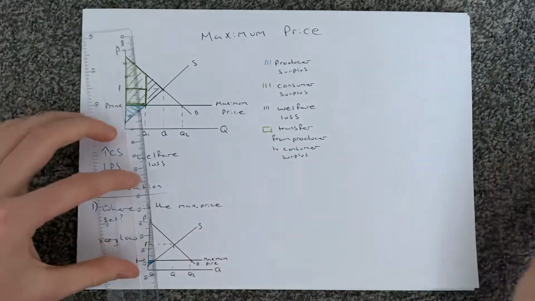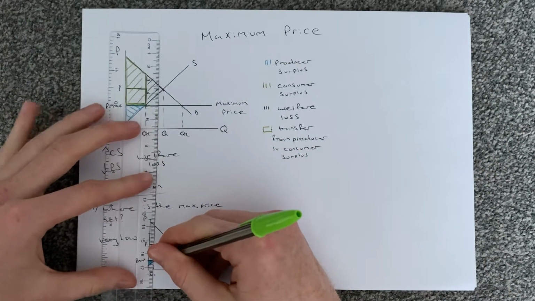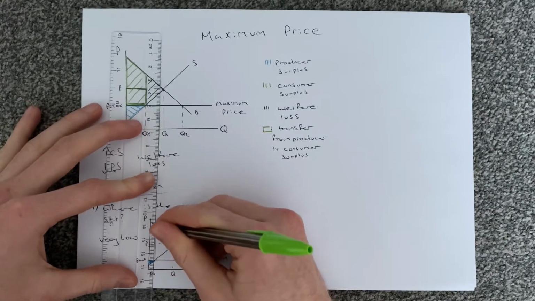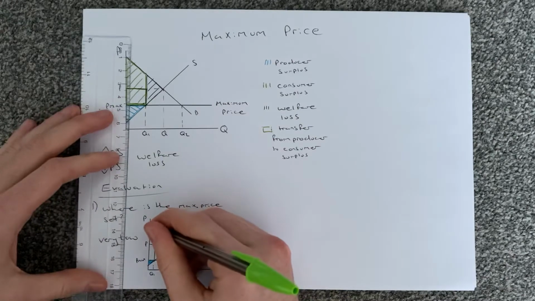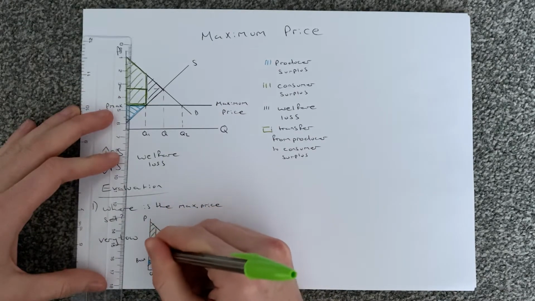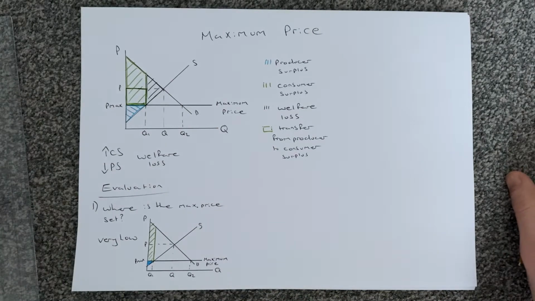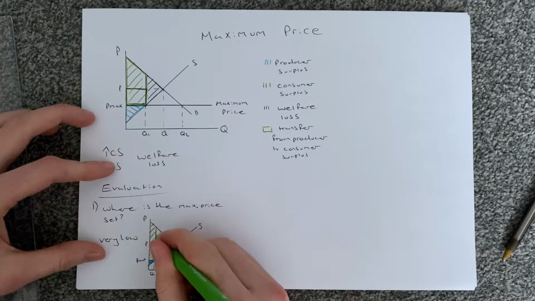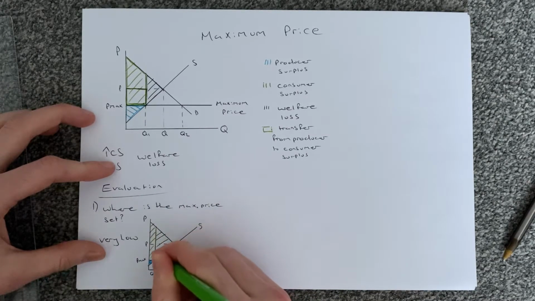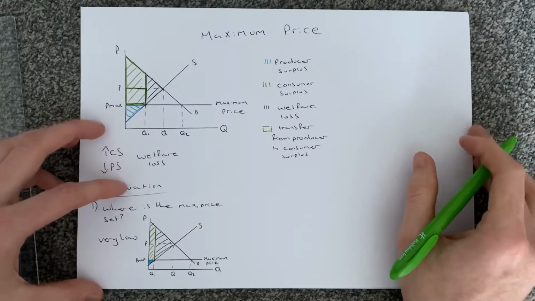To draw the consumer surplus, we should draw a line vertically from Q1, and we can shade in that area there. What that represents is the consumer surplus, and the triangle to the right is representative of the welfare loss.